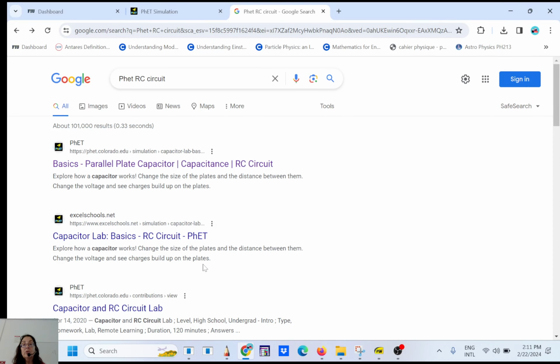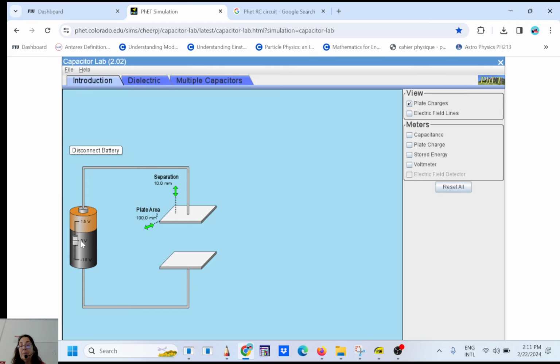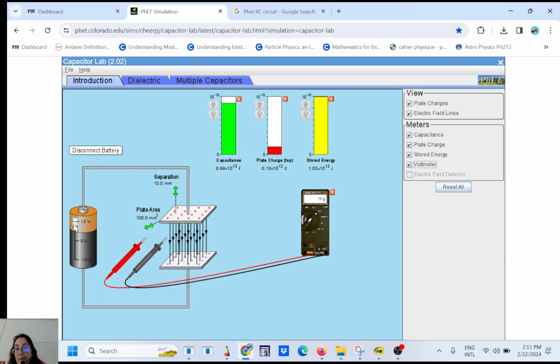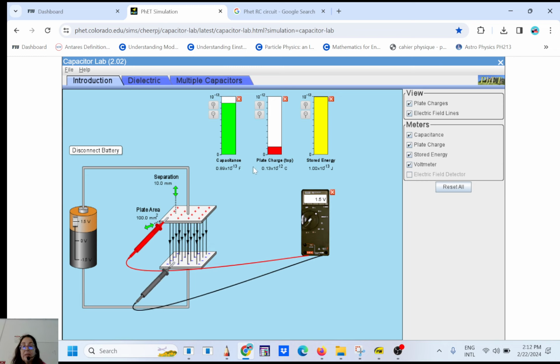So if I go back to my app here, can I put a voltage of 1 volt? Here you have the capacitance, and here you have the charge, and the voltage is 1.5.